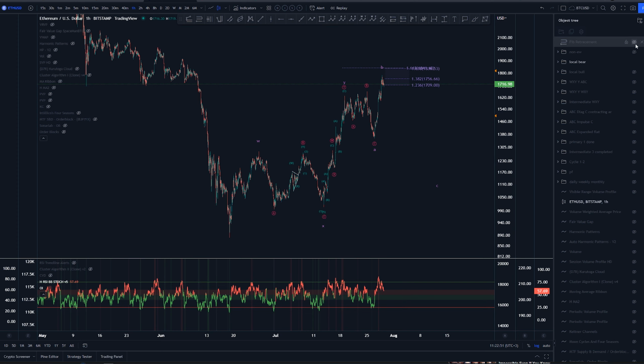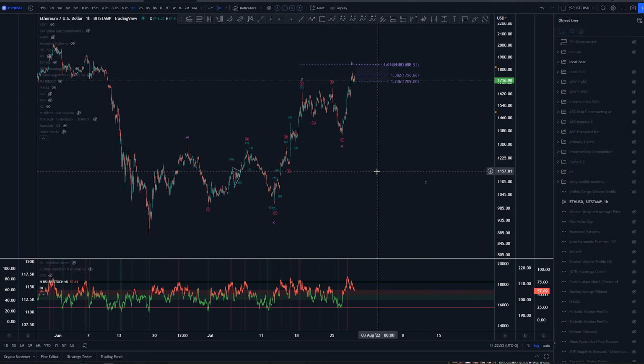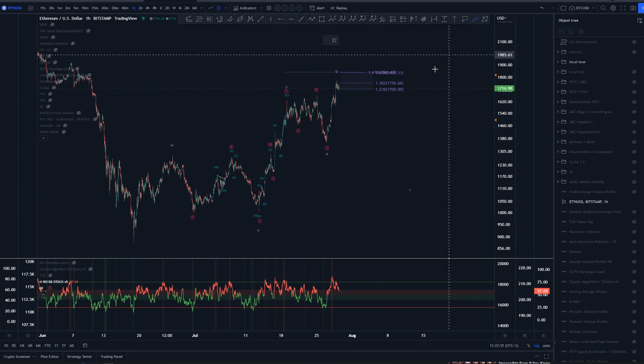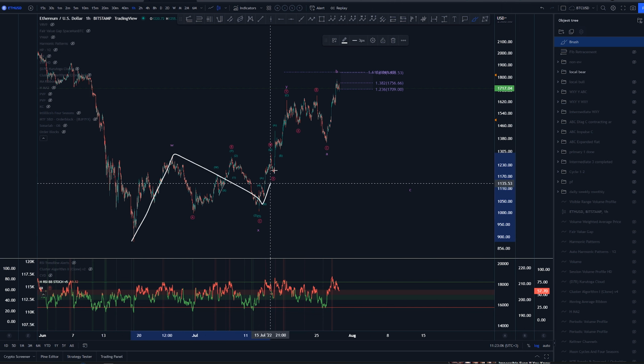The bearish scenario for Ethereum is this one. A bit different looking than in Bitcoin, so both of these are a bit wonky and kind of forced in. For this, I have placed this as a WXY.